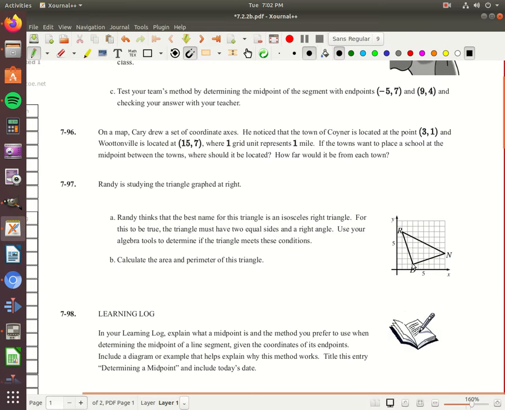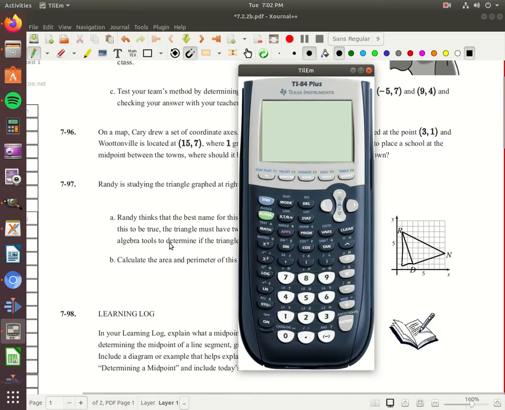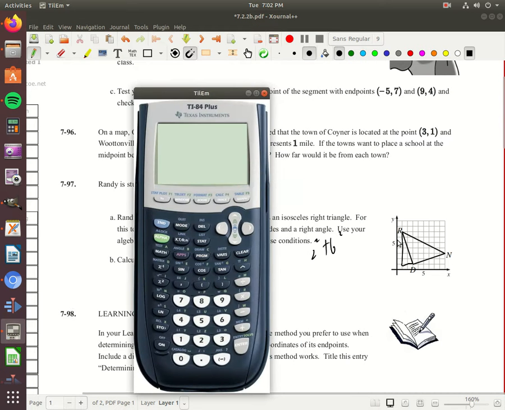All right, so on this one, we have a distance of 2 and 1, 2, 3, 4, 5, 6. So 2 squared plus 6 squared. So the square root of 2 squared plus 6 squared is going to be this side length. So the square root of 2 squared, which is 4, plus 6 squared, which is 36, I'm going to get 6.32.